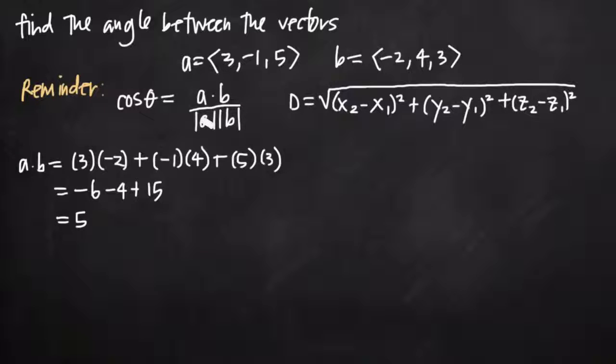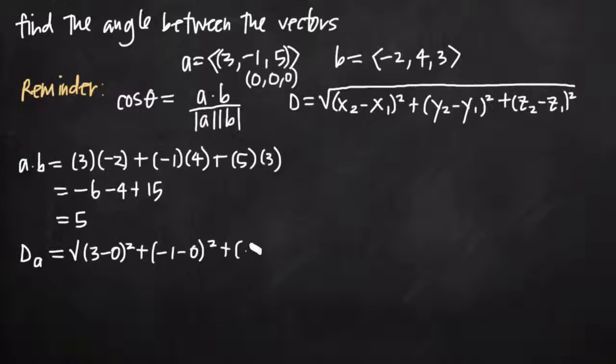Now we need to find the length of A and the length of B, and we're going to use the distance formula to do that. Essentially we have the coordinate point (3, -1, 5) and the coordinate point (0, 0, 0). If we find the distance between those two, we find the length of the vector. So the length of vector A is going to be equal to the square root of quantity 3 minus 0 squared plus quantity -1 minus 0 squared plus quantity 5 minus 0 squared.